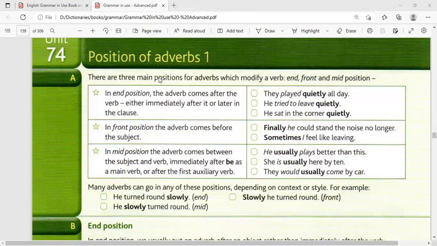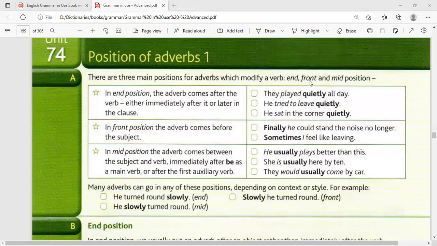Now, we're going to talk about the position of adverbs in a sentence. There are three main positions for adverbs which modify a verb. Modify here means to describe the verb.